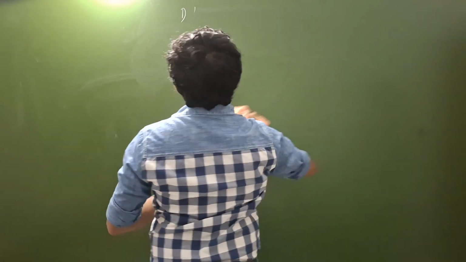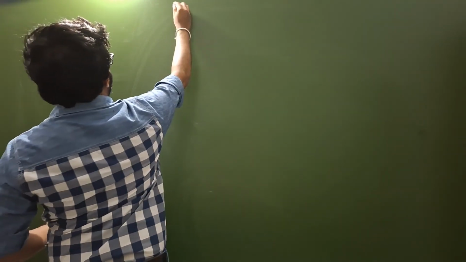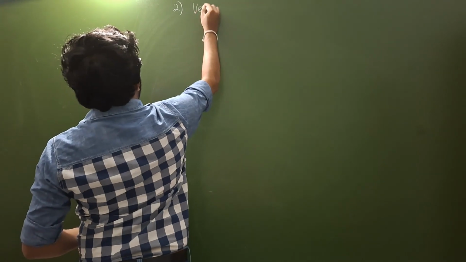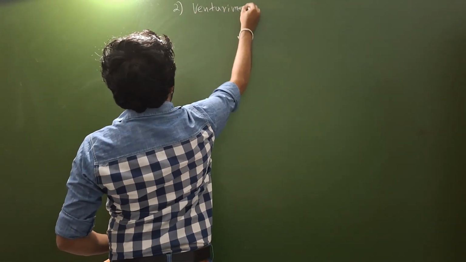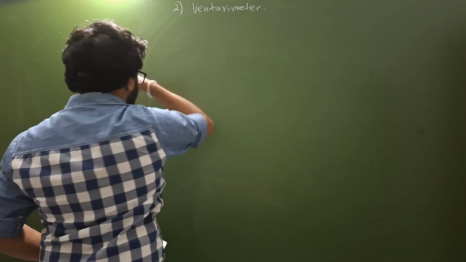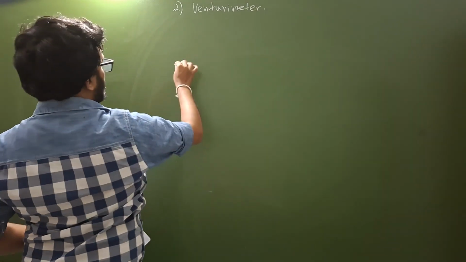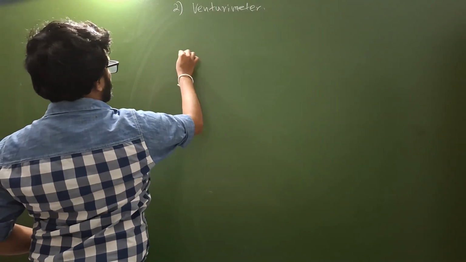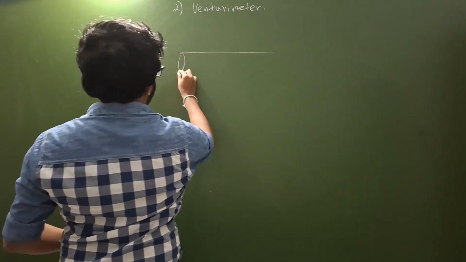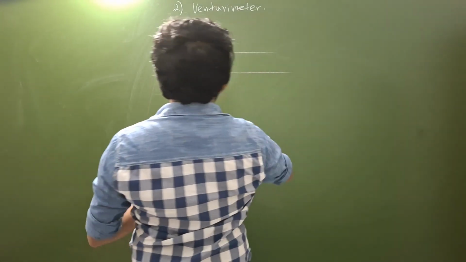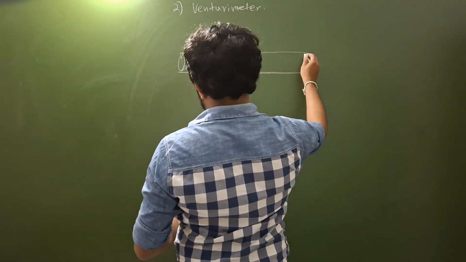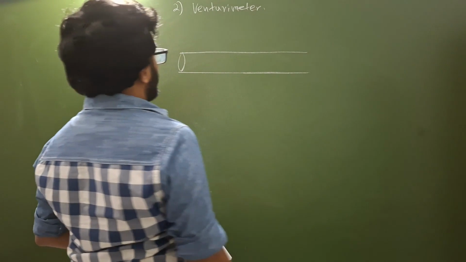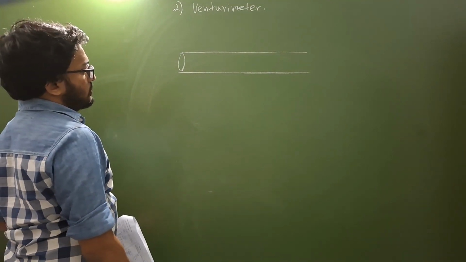Second application is Venturimeter. Suppose this is the pipe where water is flowing through. Now we have to find the velocity of this water flow.